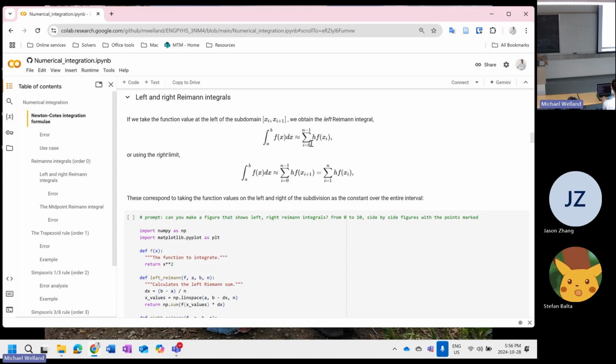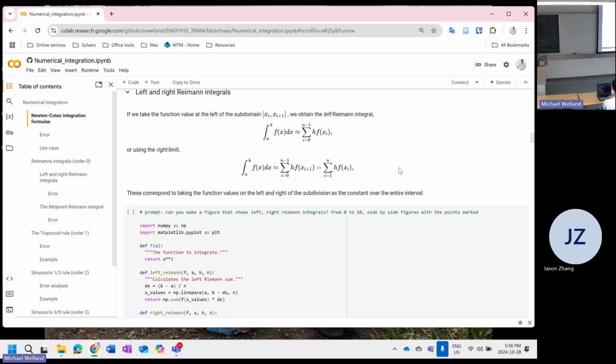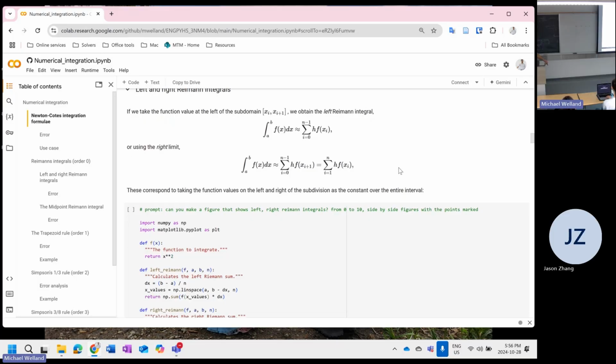The difference is your counting. Here, you start from 0 and go to n-1 because you're using the left side of your interval. On the right one, you take i starting at 1 and going to n. Or similarly, you can mix the indices. I'm not going to spend much time on this because nobody really does this.